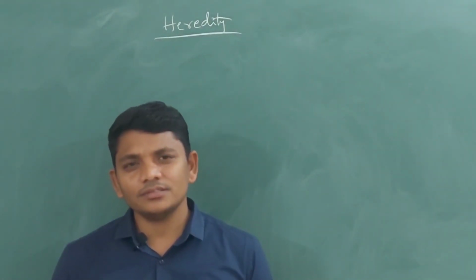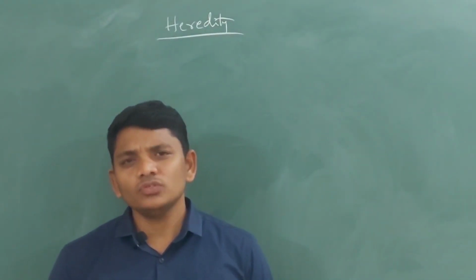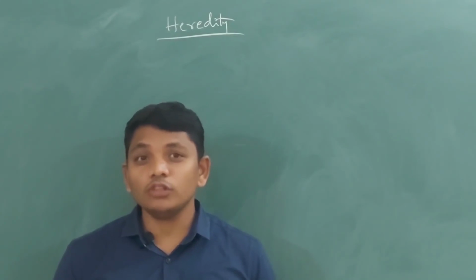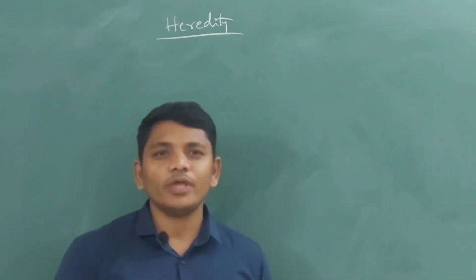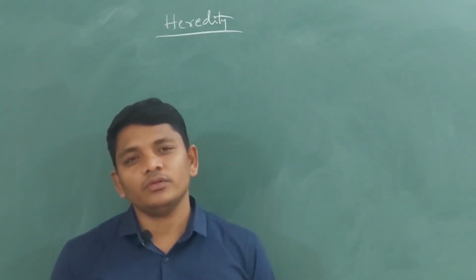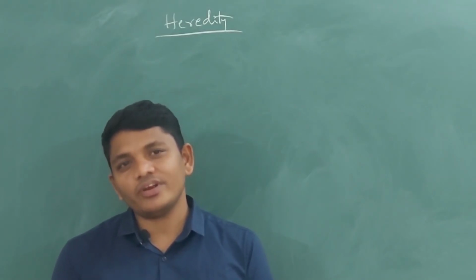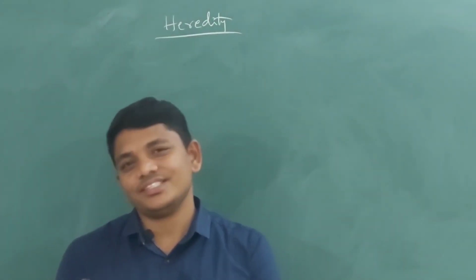My eyes or my ears or my hair differ when compared with them. So, this is called variation. Although we are human beings and belong to the same family, my eyes and their eyes are different. This type of small difference within a very closely related group of organisms is called variation.